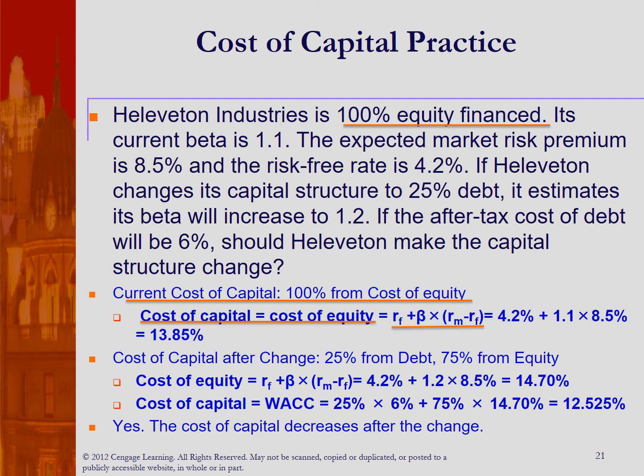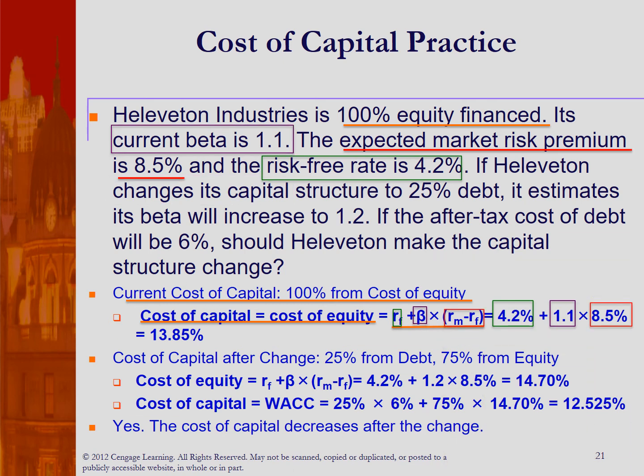We have the risk-free rate of 4.2%, beta of 1.1, and the market risk premium of 8.5%. After calculation, we obtain that the cost of equity, which is equal to the cost of capital, is 13.85%.